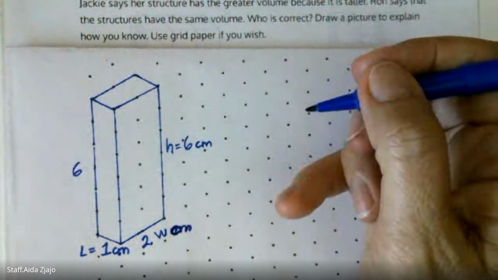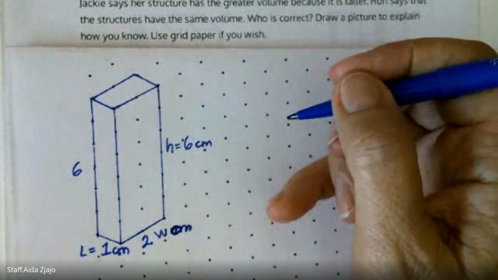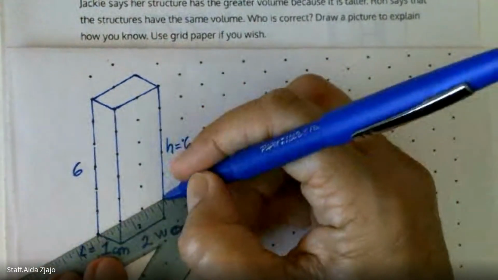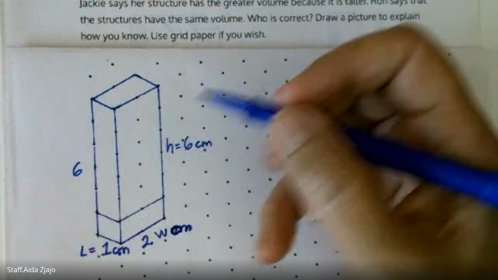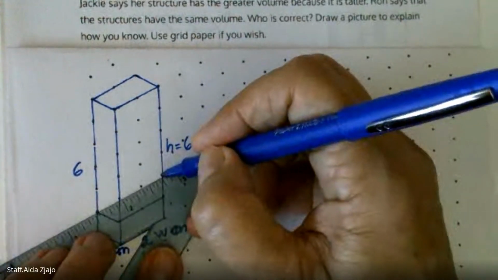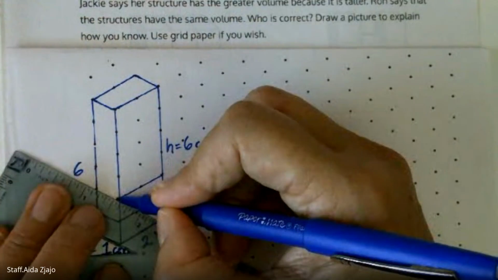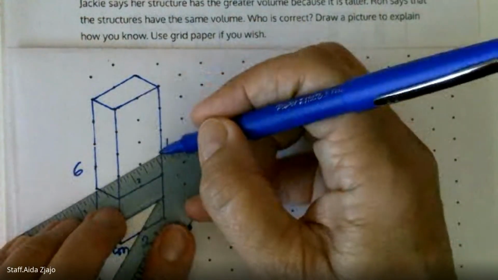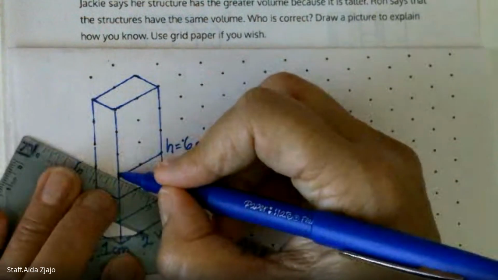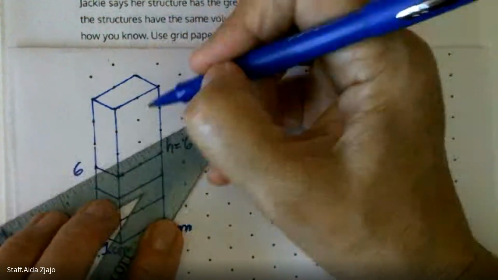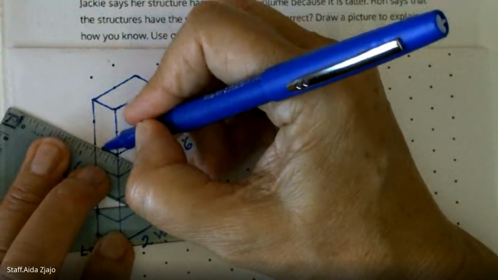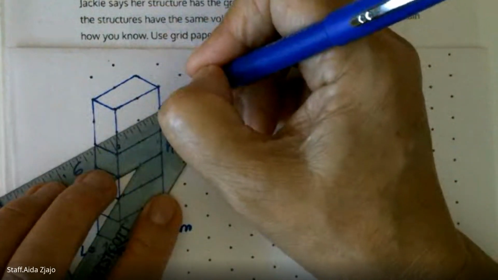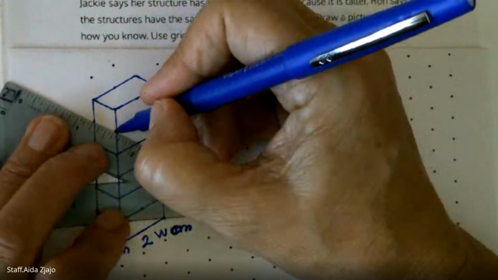All right. If you want to see how he did it, this is the first layer. Then this is the second layer that has 2, and again, and again. So those are layers of 2 cubes each.